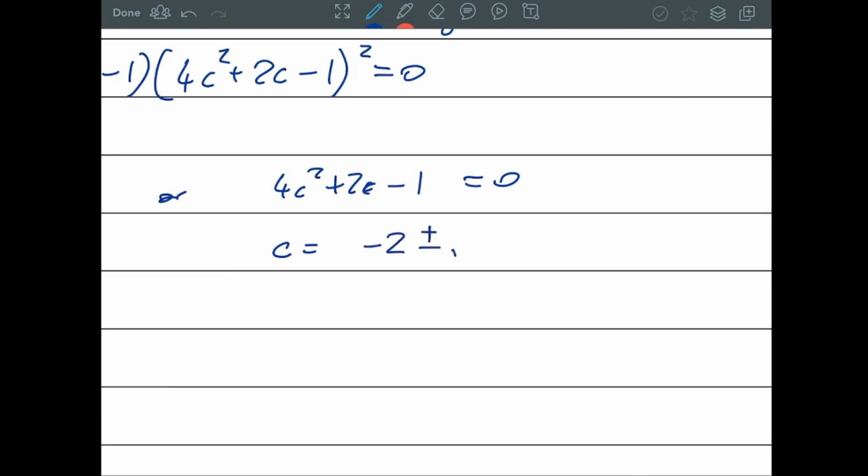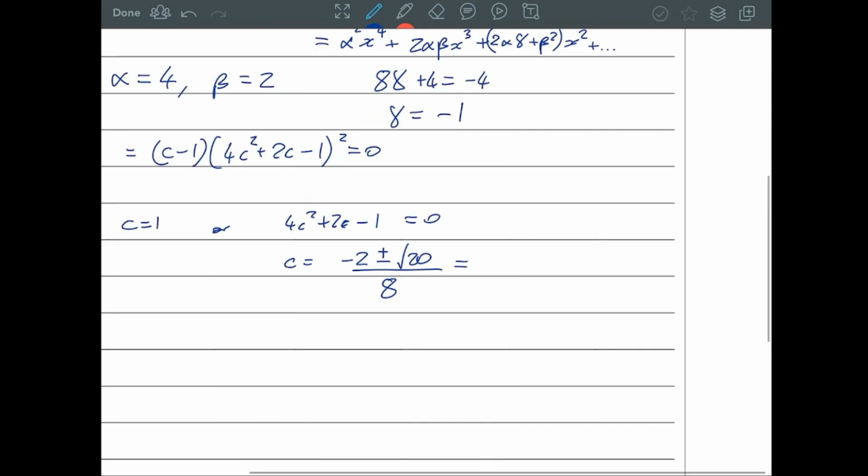negative 2 plus or minus the square root of b squared minus 4ac, which gives me root 20, over 2a. And let's simplify that a little bit. That'll be minus 1. I'm pulling out a factor of 4, which turns into a 2, plus or minus root 5, over 4.